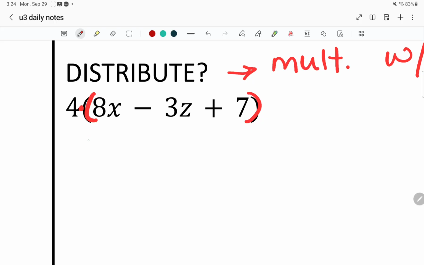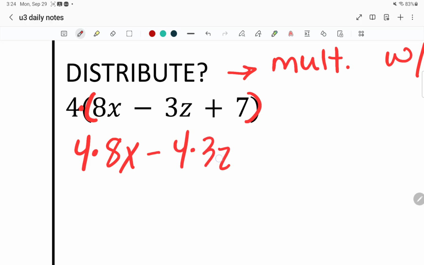So 4 times 8x is going to be, well, let's write it out before we simplify. 4 times 8x minus 4 times 3z plus 4 times 7. That is how I distribute. I just dropped a 4 in with every term in the parentheses, and I'm going to simplify.